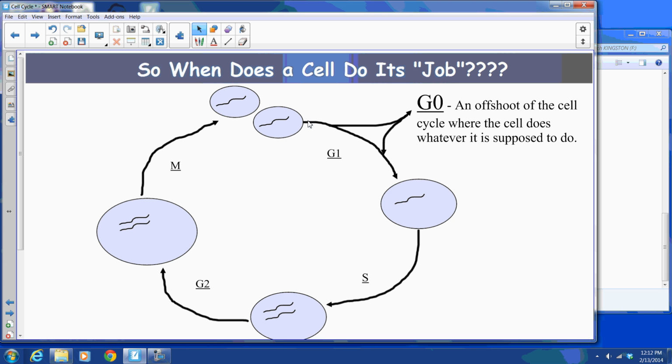Some cells will break off into this little offshoot from the normal cell cycle, and they'll go into this sort of holding phase here, this G0 phase, where they do whatever job they're designed to do. And again, this G0 phase is part of what determines how quickly the cells go through it.